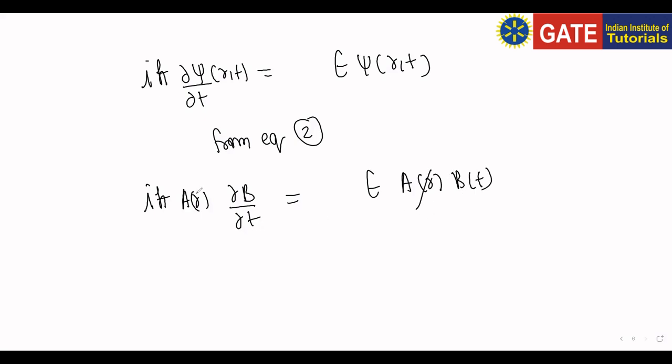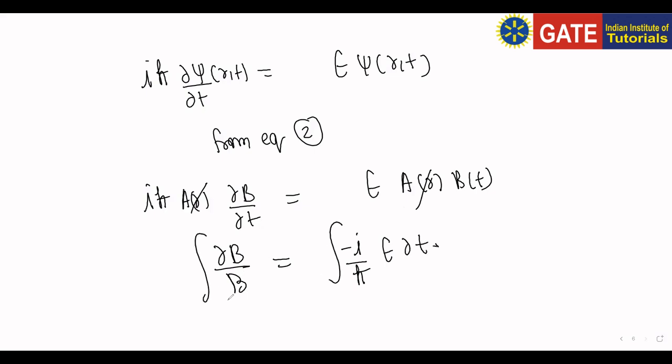A of r cancels out from both sides. Del B upon B equals minus i by h cross E del t. Integrate. Del B upon B is ln B. And the right side is just i E by h cross into t, plus some constant, ln B naught.